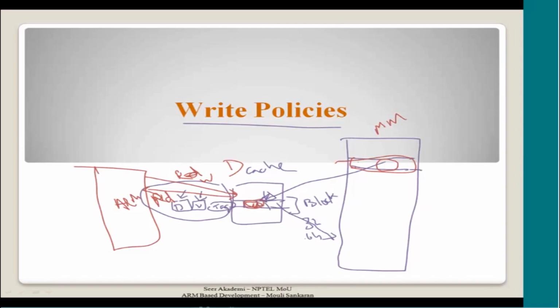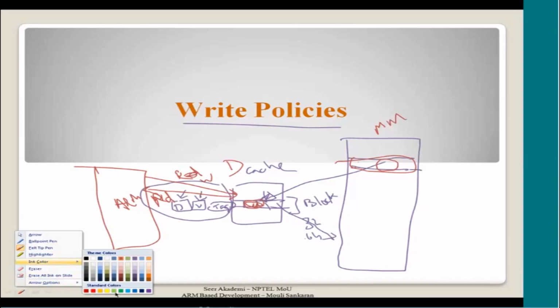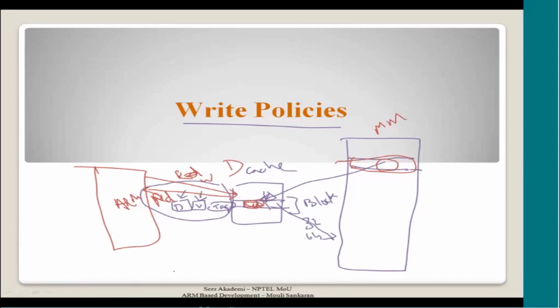Assume that before this particular data element was brought into the cache, the value was 10 in this location. Okay, let me change the color again. The value was 10 here, and then the 10 was read by the processor. The 10 came into the processor.